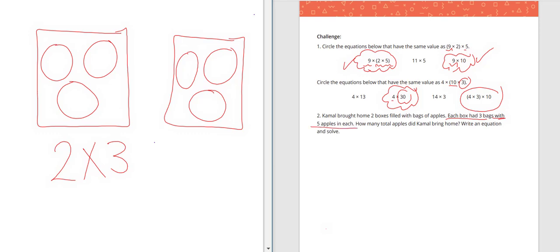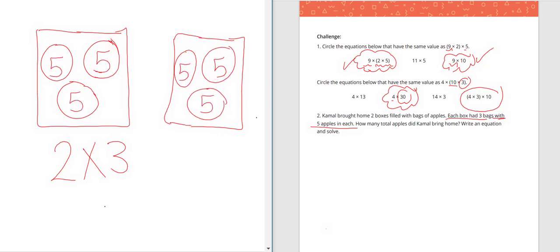So each bag has 5 apples. Here we have 5, 5, 5. Okay, now we have 5 is repeated in each bag. So times 5.